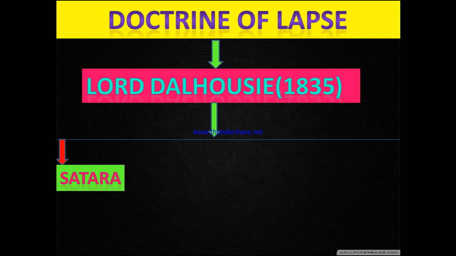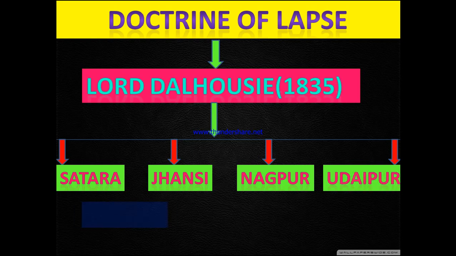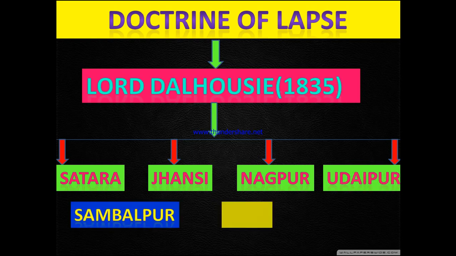After introducing this policy, many Indian territories were occupied by the British East India Company. The first kingdom to come under the control of the East India Company was Satara, the second was Jhansi, the third was Nagpur, the fourth was Udaipur, the fifth was Sambalpur, and one more kingdom was Jaipur.